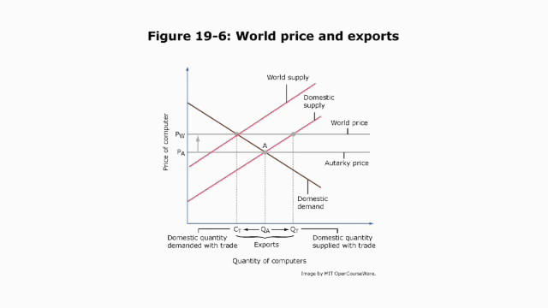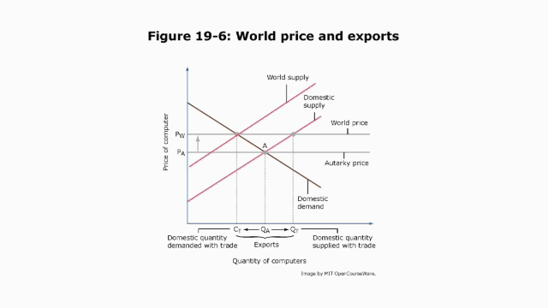So now that supply curve has shifted up. And now we end up with US consumers only wanting C sub T computers at a new higher price of P sub W. But the world is now saying, the total amount of computers we want is Q sub T. So at that world price of P sub W, the domestic producers say, great, at that higher price P sub W, I'm delighted to produce Q sub T computers.